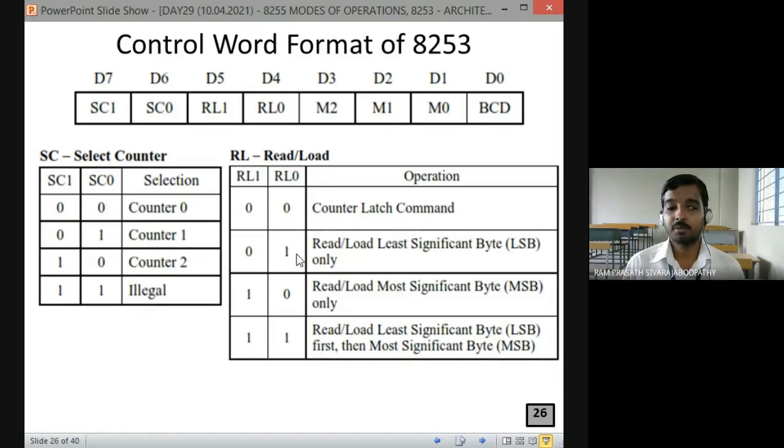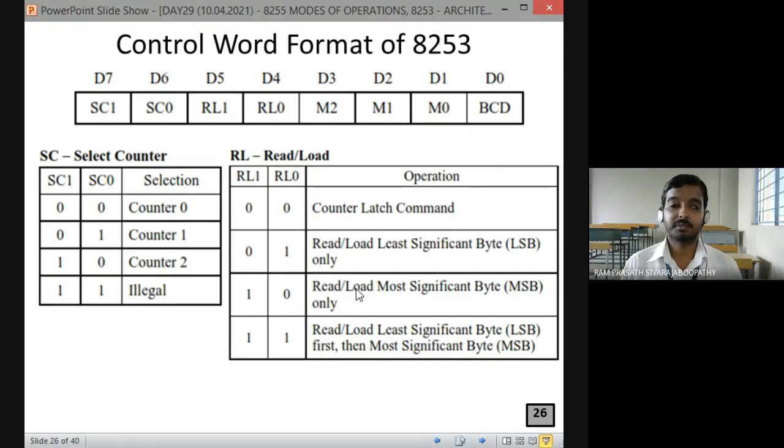Correct? What is the meaning of 10? RL1, RL0. What is the meaning of 10? I am going to write or read only 1 byte, which is the MSB, the most significant byte, the higher byte, as against the lower byte.